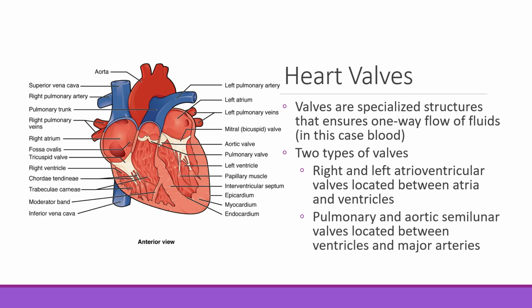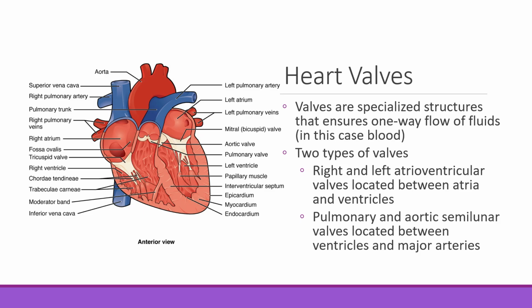We have two types of valves in the heart that we're interested in. We have a valve that's sitting between the atria and the ventricle on both sides, and that's called the atrioventricular valve. And you're going to have a right and a left of those. So when you're looking at the picture, they're white, and they look like they've got strings attached to them. Those are your AV valves.